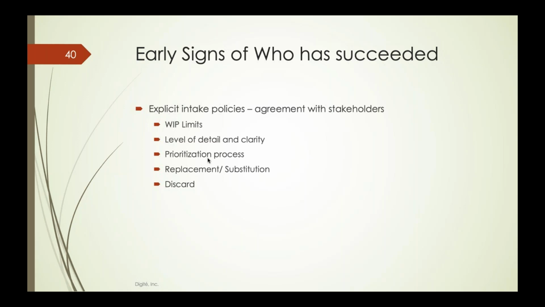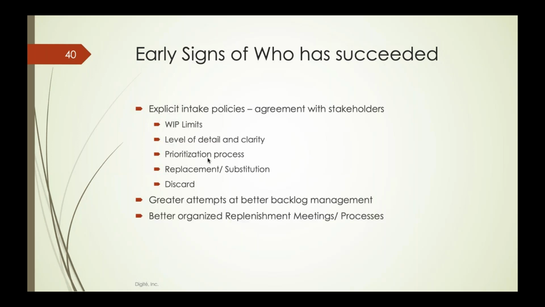So these are some of the examples of policies that we've seen these more successful teams implement with their stakeholders. And so there is already an effort not only to define the policies within themselves, but also in agreement with their stakeholders, which led them to have better understanding with the stakeholders, and in general, a greater attempt at managing their overall demand.